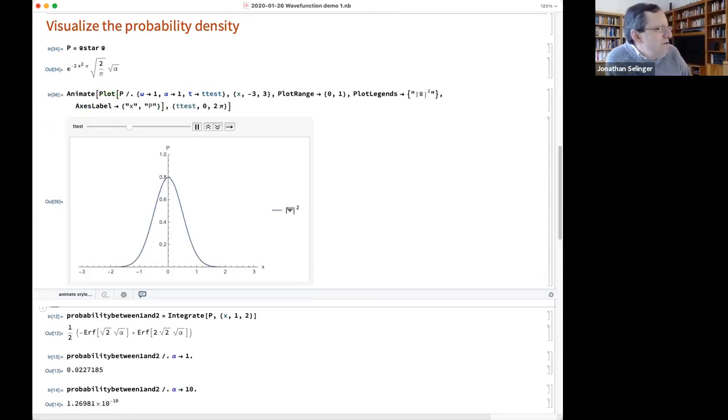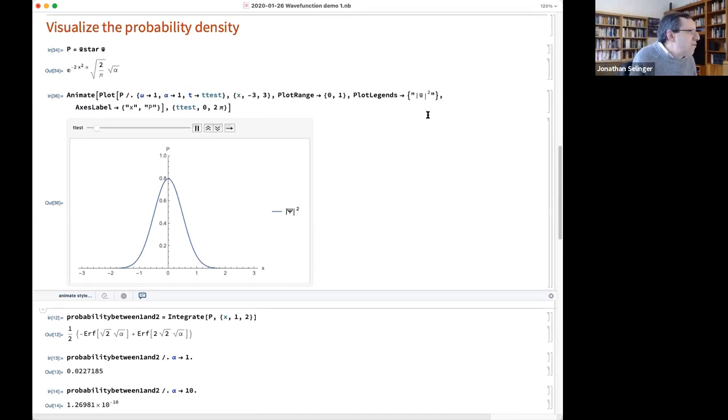All right, there's my boring movie of x and p. Okay, so the particle is probably around here. Okay, so the probability density is concentrated near the origin. And in this particular example, it's not going anywhere, right? The particle is staying close to the origin.